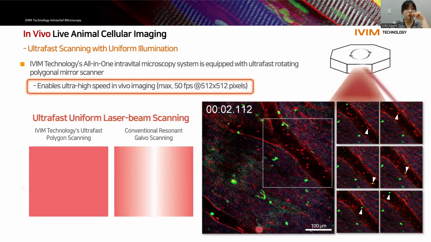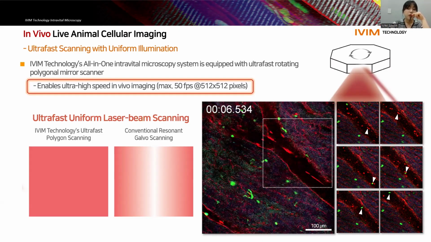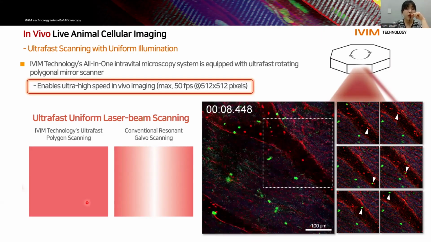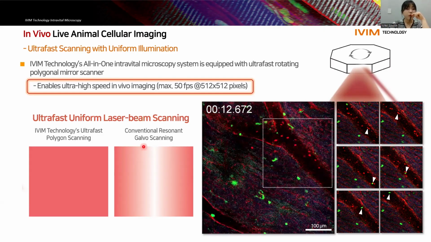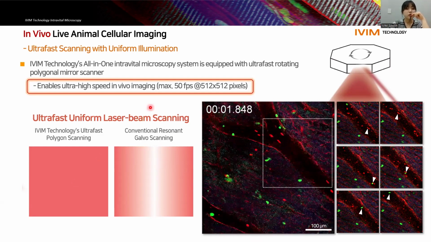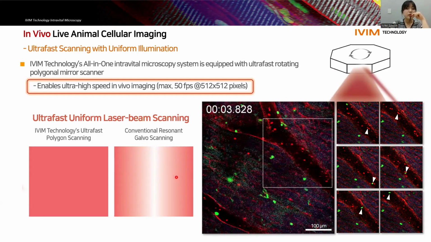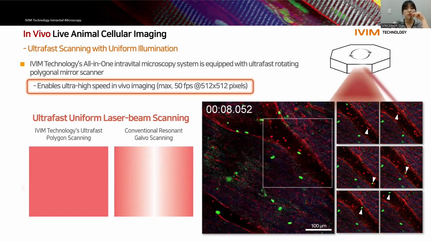At IBM Technology, we have addressed this limitation by implementing ultra-fast scanning technology. In particular, we use both a polygon mirror and a galvanometer mirror simultaneously, enabling precise real-time imaging of fast-moving cells.